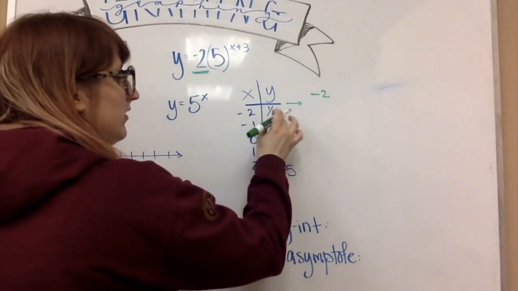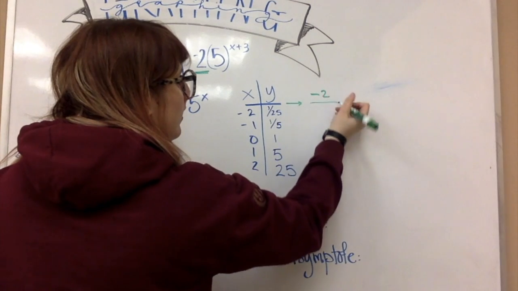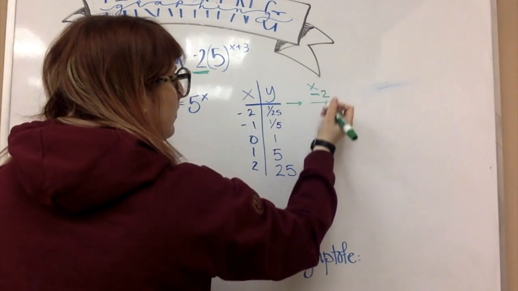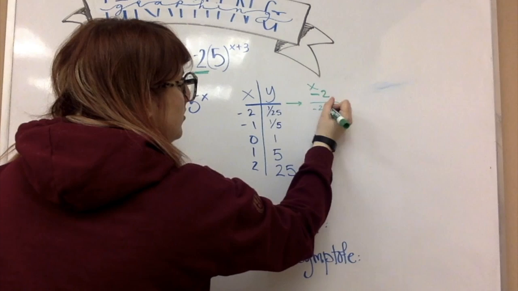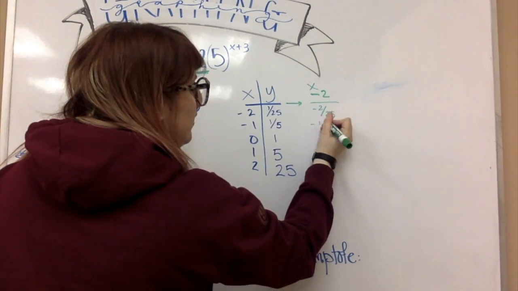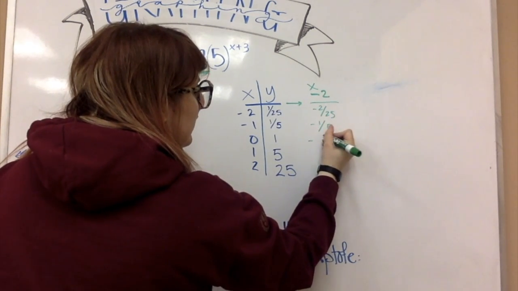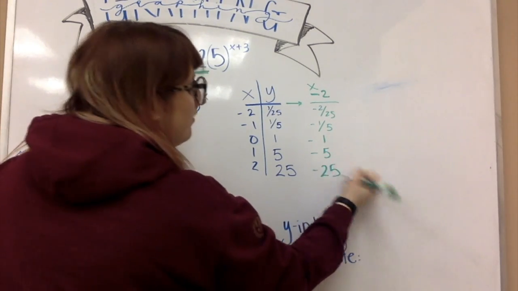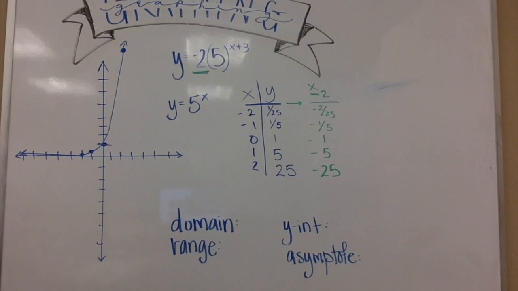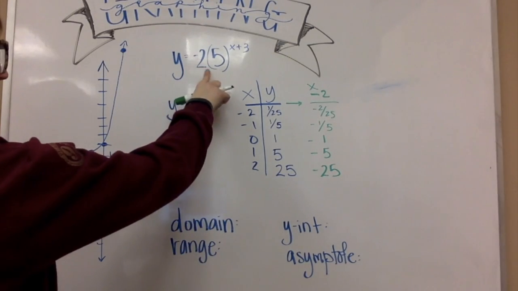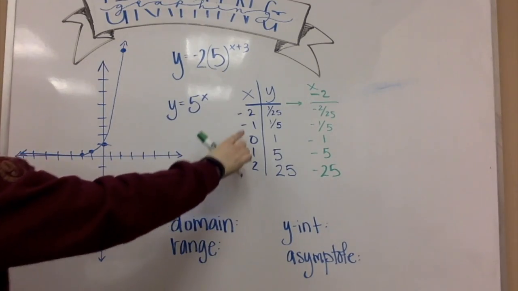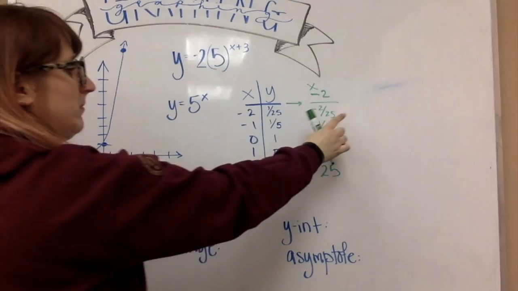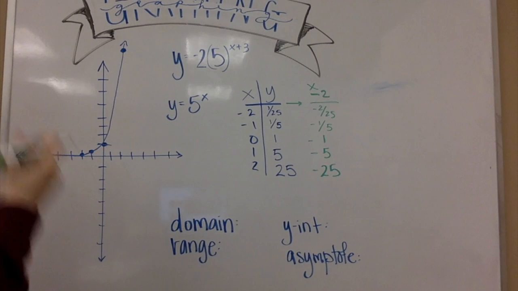All right? So then I'm going to have, let's see, -2 over 25, -1/5, -1, -5, and -25. So now I'm going to re-graph this by using my same x value, but now I'm going to use my new y value.